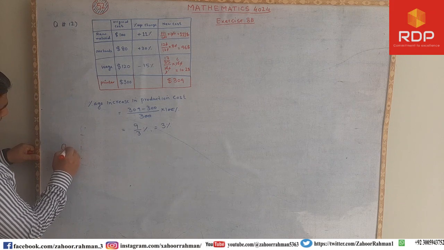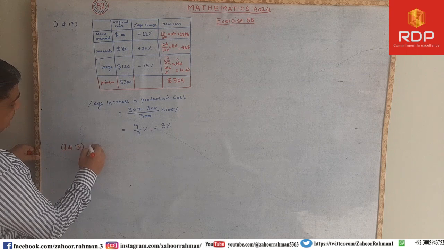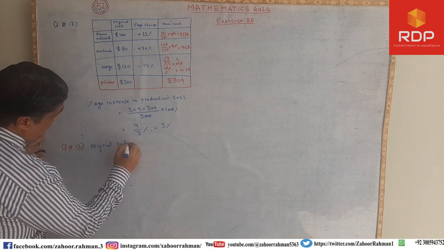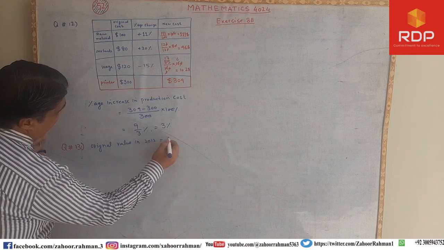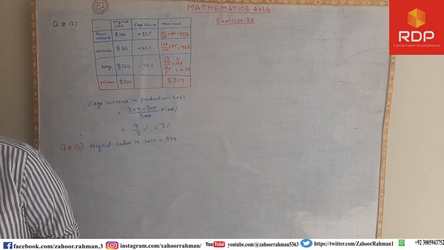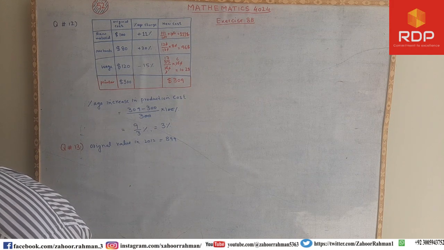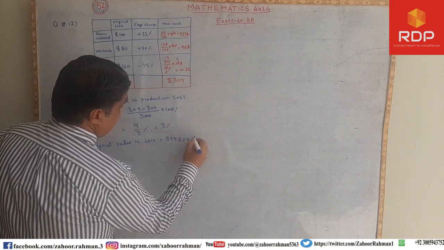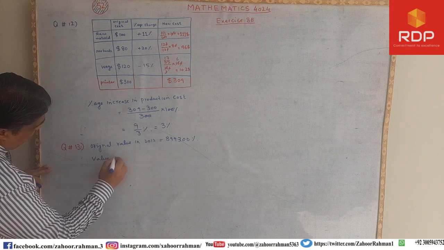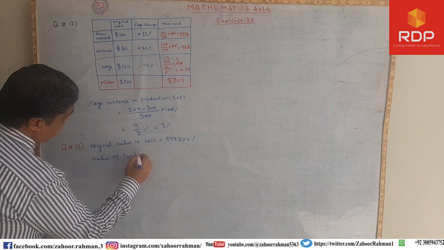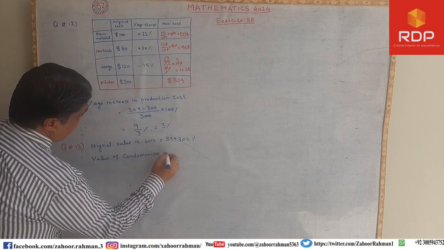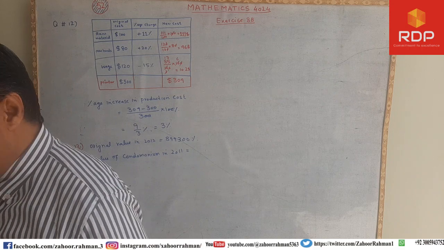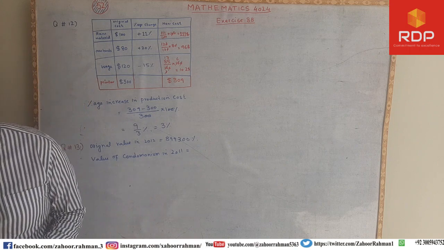So I am doing question number 13. The original value in 2012 was $899,300. Now the value of the condominium in 2011, because it is appreciating, increasing, will be 15% more.